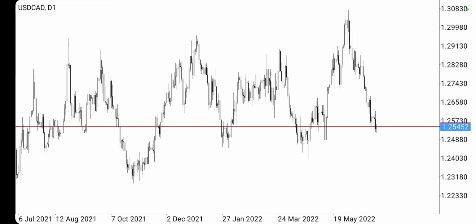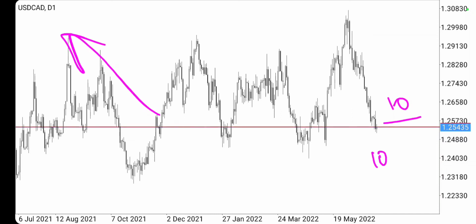And my answer to that is that it all depends. I don't use points or pips for me to decide where I should put it. I don't use points because remember, instruments are not the same. If I'm saying 10 pips on USD CAD here, it won't be the same if I'm trading, let's say, Nasdaq. 10 pips in terms of the size won't be the same.